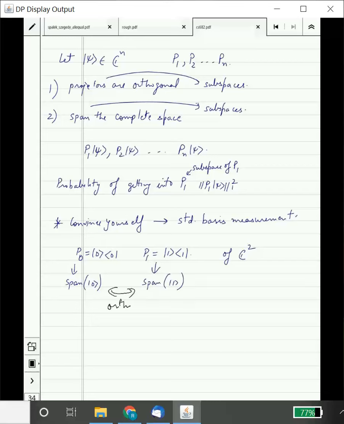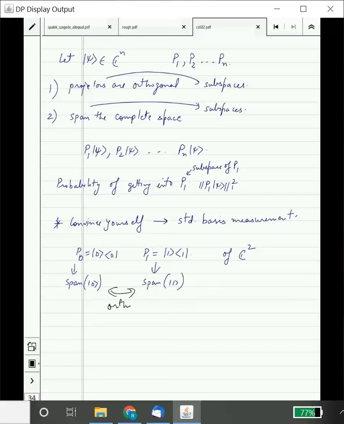When we say that α|0⟩ + β|1⟩ goes to |0⟩, I am saying that the state is actually going to P1ψ divided by ‖P1ψ‖. This division is necessary so that I get a unit vector. The final output should be a state itself, so I have to divide by this factor to make the entire thing a unit vector.